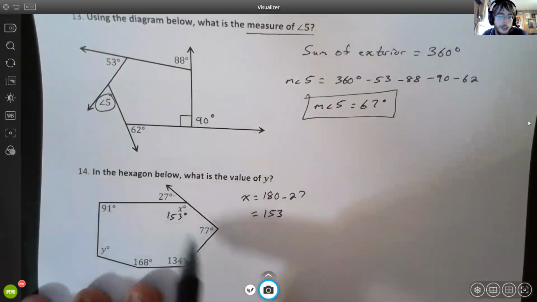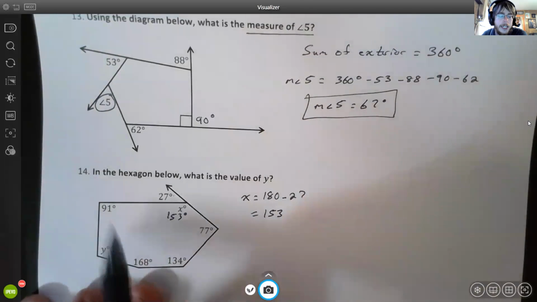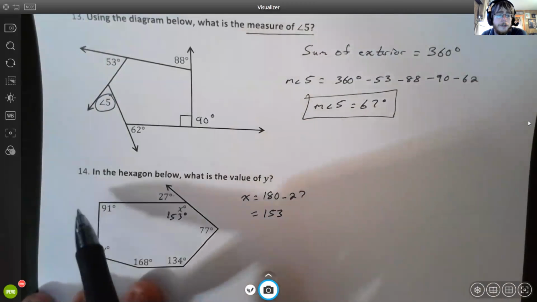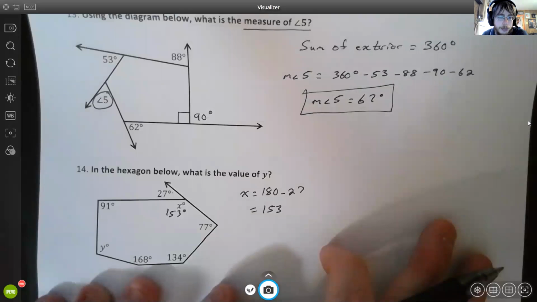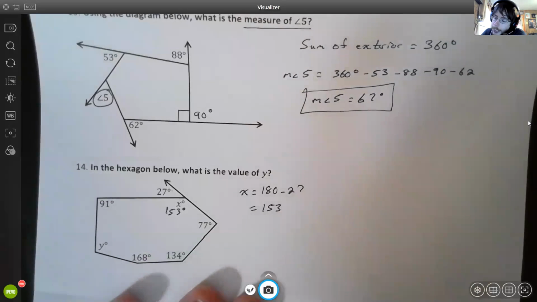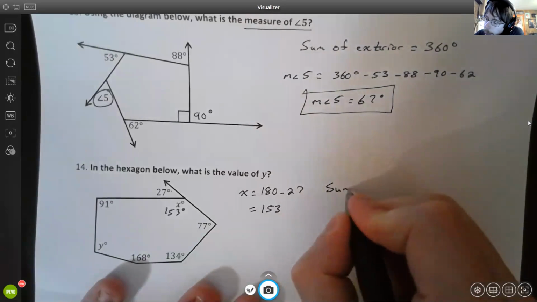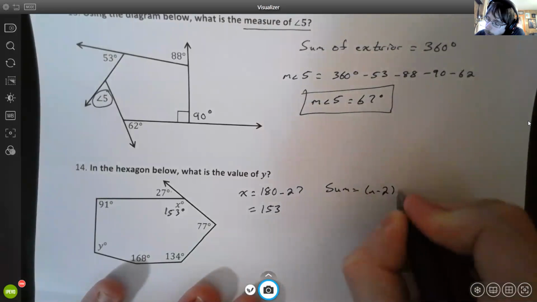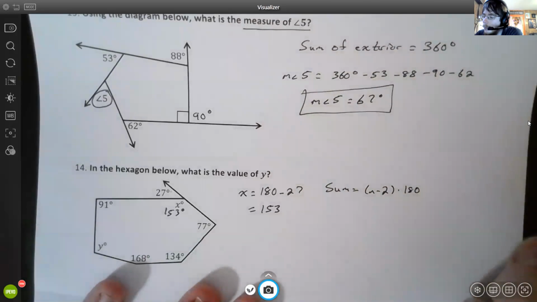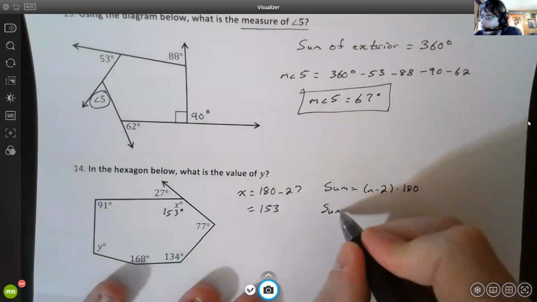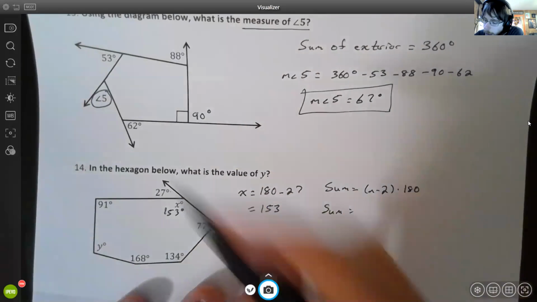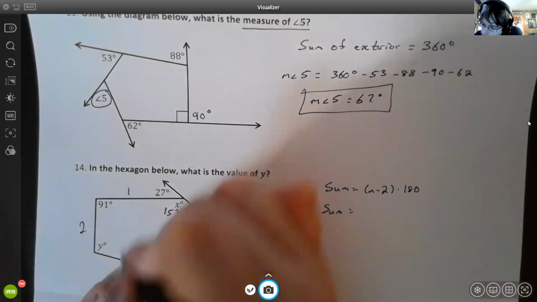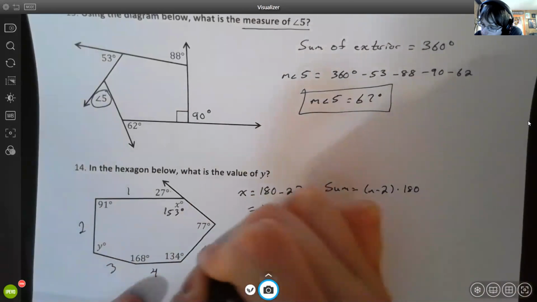Now, we can't pull the same trick we did on number 13 with the exteriors, because all of these angles we now have are interior. So we would first need to figure out what the sum of the interiors should be. So let's figure that out. The sum is equal to n minus 2 times 180. What is our n in this case? Well, it says in the hexagon below, we're going to count just to make sure. 1, 2, 3, 4, 5, 6.